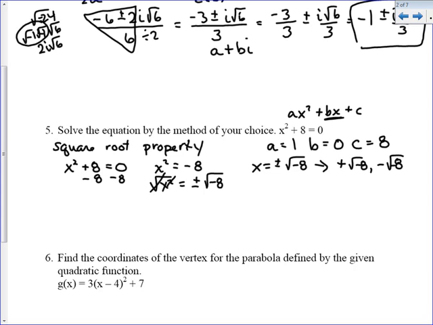How do I simplify the square root of negative 8? You're going to have an i. Yeah, square root of 4 times the square root of 2. So we're looking at x equals, plus or minus is still in front. Don't try to move the plus or minus over. It was in front of everything, so even if I rewrite the square root of negative 8, it's still in front. So I have x equals plus or minus 2i square root of 2.